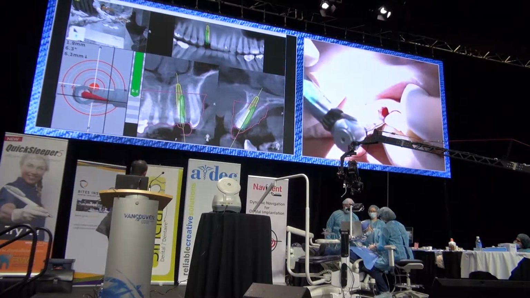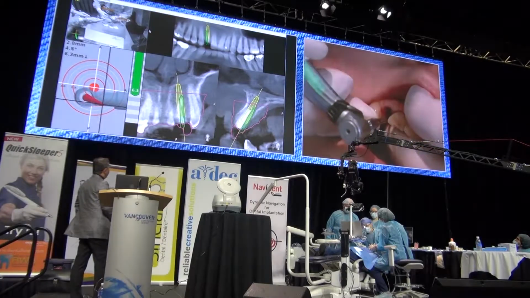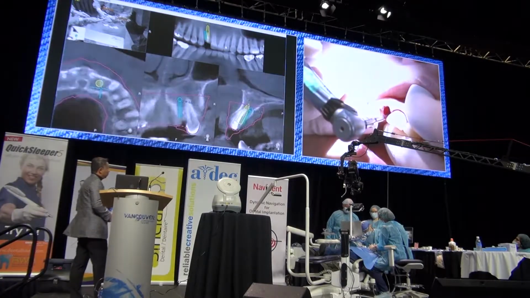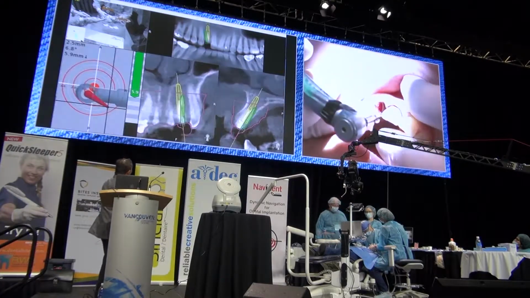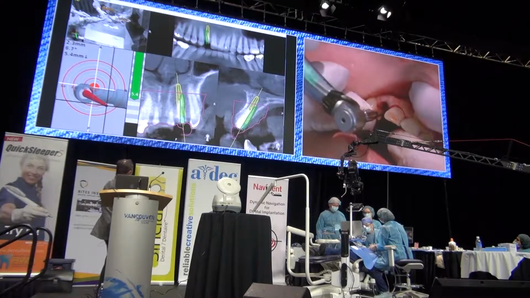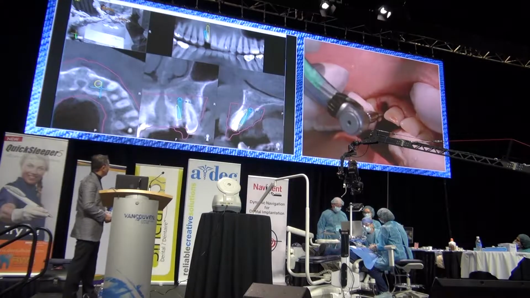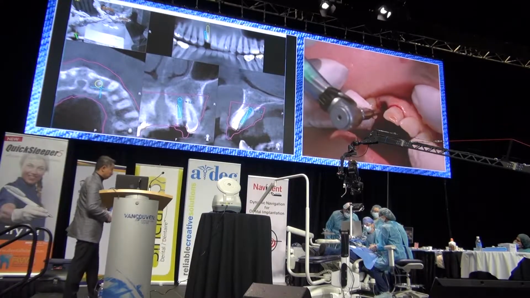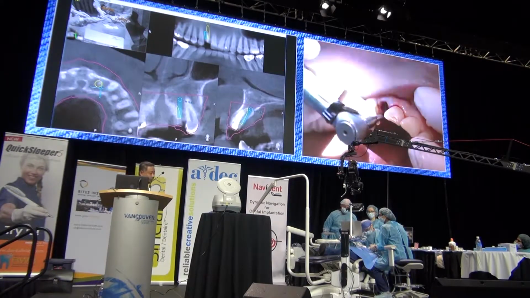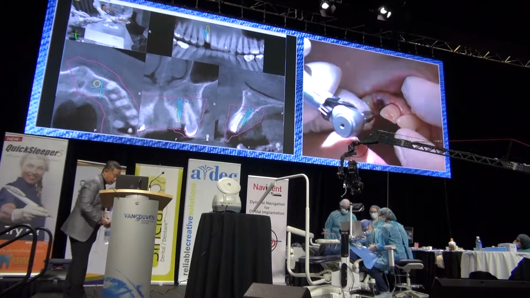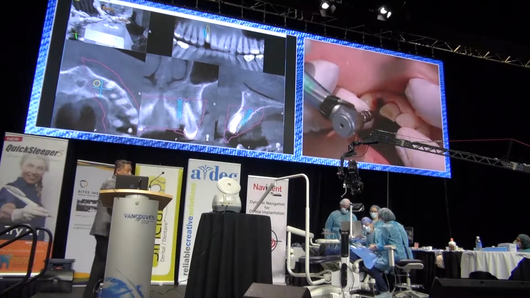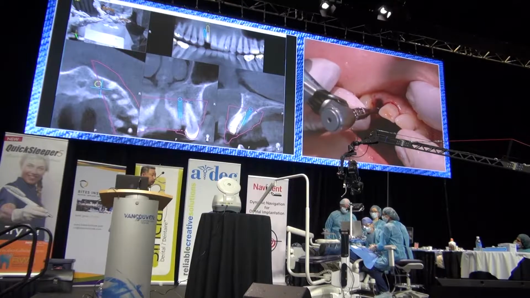But now on a socket that's virtually an empty space, that is not as easy to do. So once we start the osteotomy preparation, you will see that we're going to align the angulation and position to follow the planned case. This is the part where, if you play video games, it's a lot easier to do.